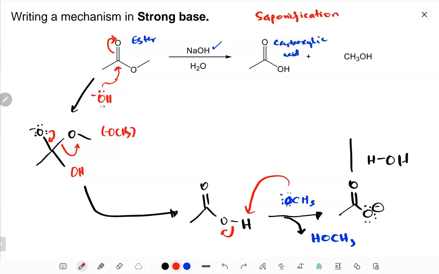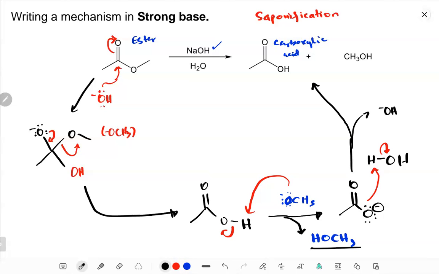This will give the following compounds, the carboxylic acid and the methanol, which is here. As a byproduct, you have a hydroxide ion here, and this hydroxide ion will react with another molecule of the ester to do the same process all over and over again.